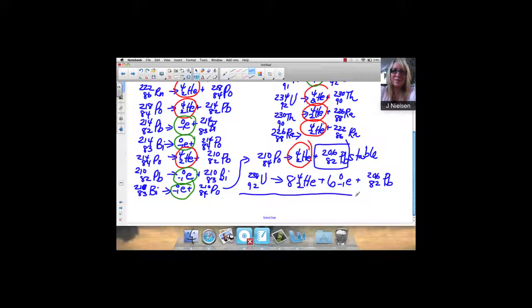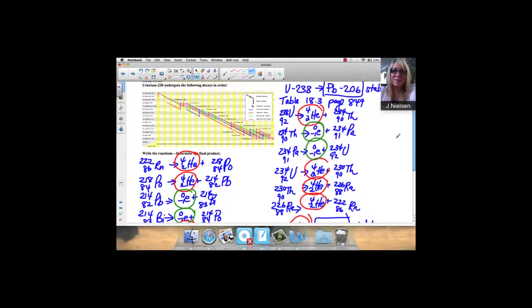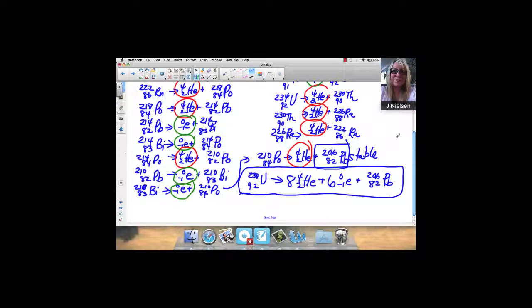So this is our final equation. So it's going to continue to decay until it reaches a stable state. And again, all these particles, the decay modes, came from table 18.3 in your book.